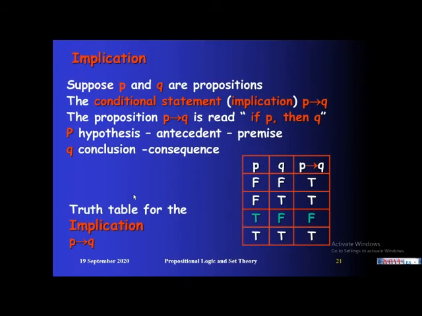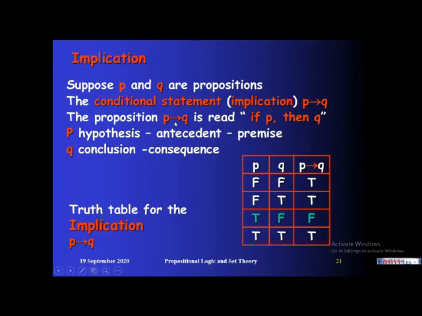And the fourth one is implication. Suppose P and Q are propositions. So the conditional statement, the implication, is written like this. Some books may use a double arrow, but they mean the same thing.